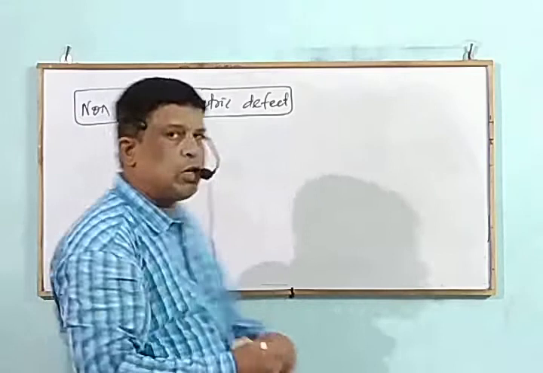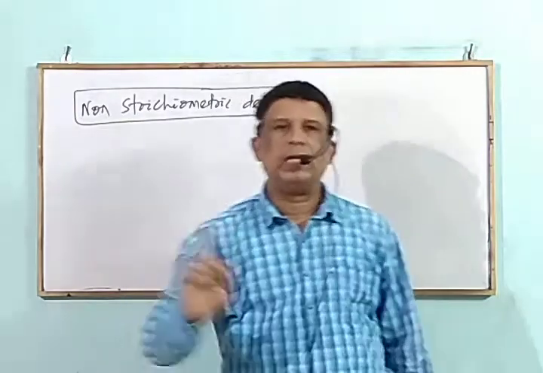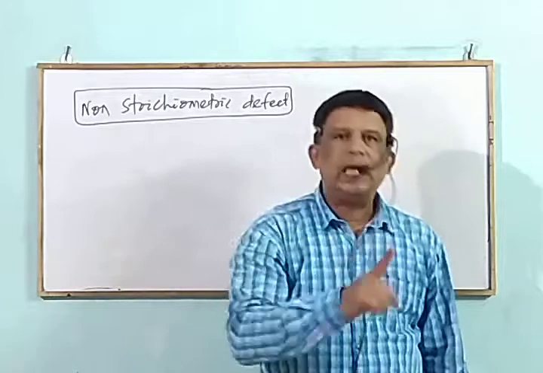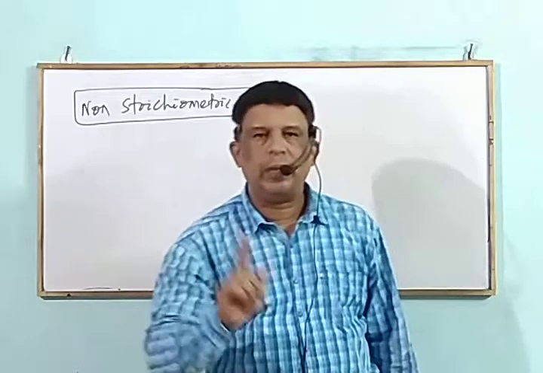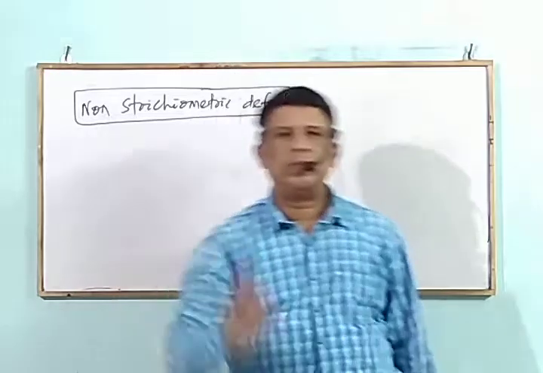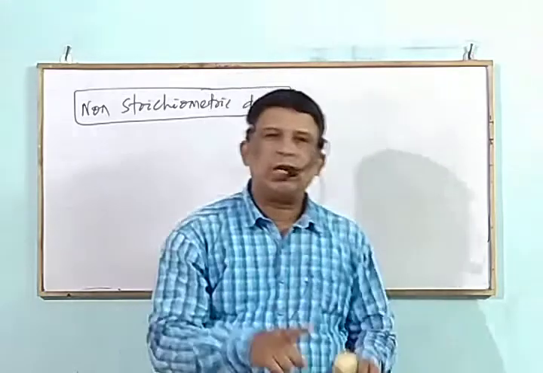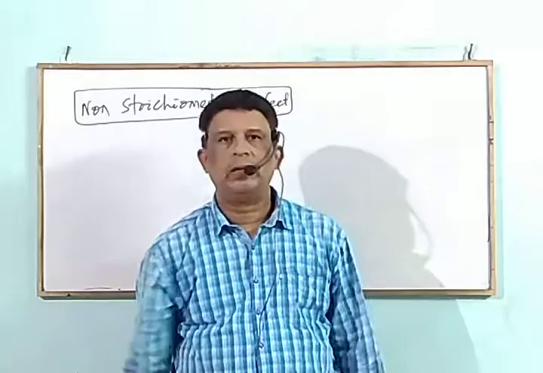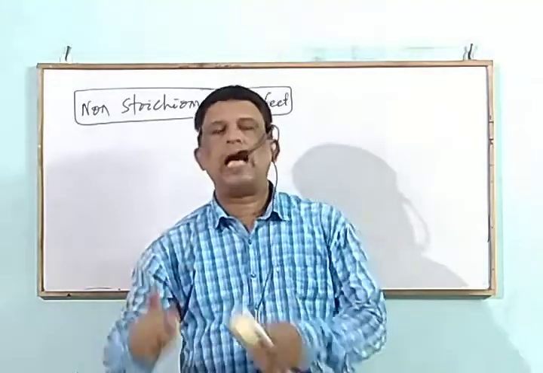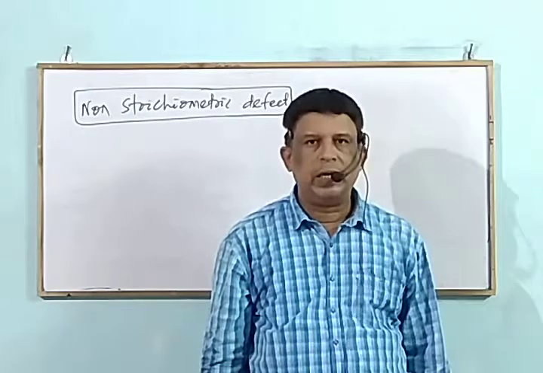In case of stoichiometric defect, it does not disturb the molecular arrangement. That means the radius of the cation and anion remains the same, and the number of cations to number of anions remains the same. But here the opposite is there. It disturbs the regular arrangement, and the number of cations and anions differ. Then this is known as non-stoichiometric defect.